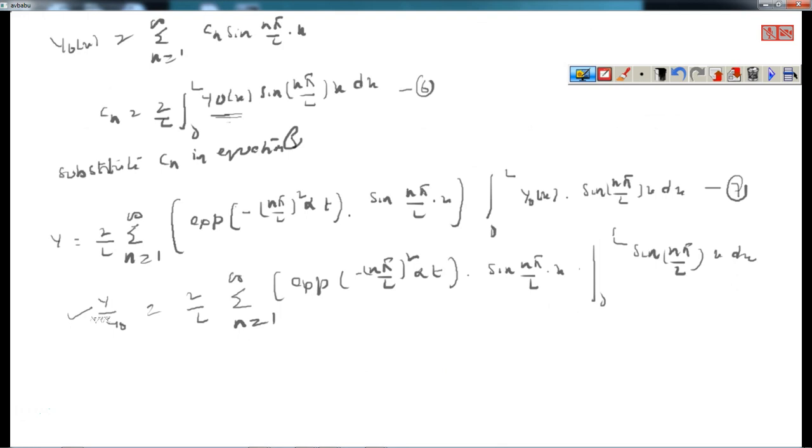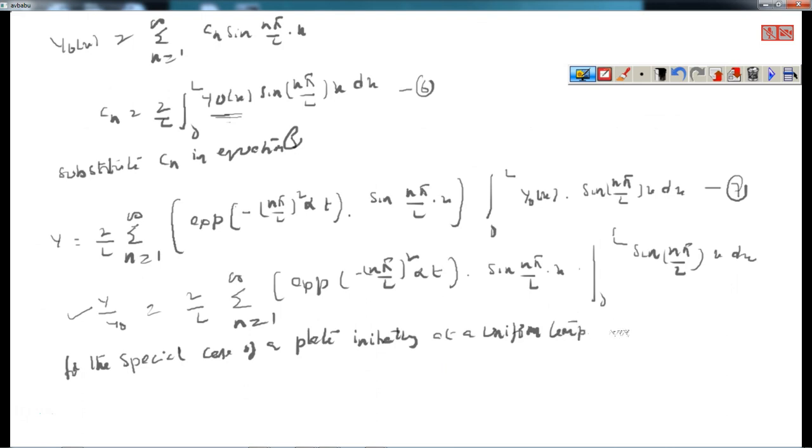Now I'm going for the special case of a plate, initially at a uniform temperature y0.